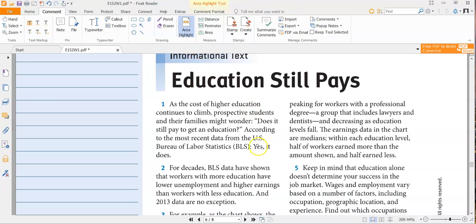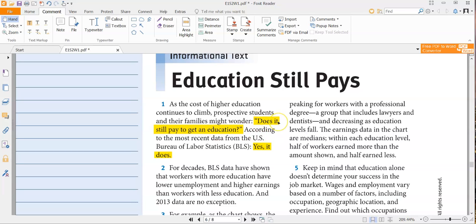Well, I think that that's going to be the claim of the entire essay, that it still pays to get an education. So I'm going to highlight yes, it does as part of the claim, but since that doesn't really tell me what, yes, it does what, I'm going to also highlight this question because that answer is referring directly to that question.